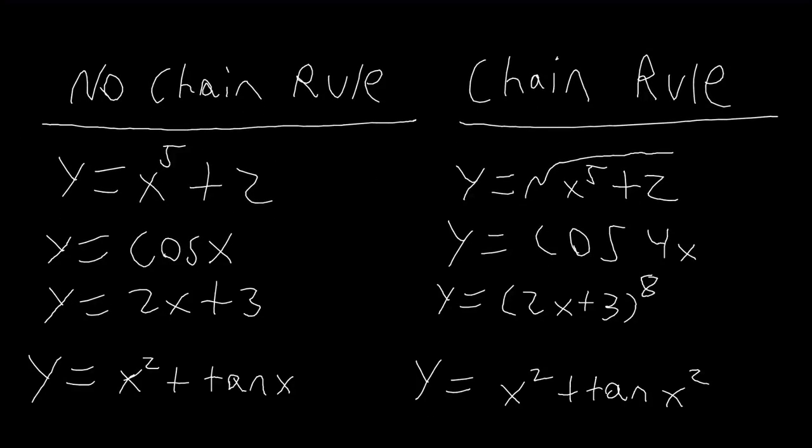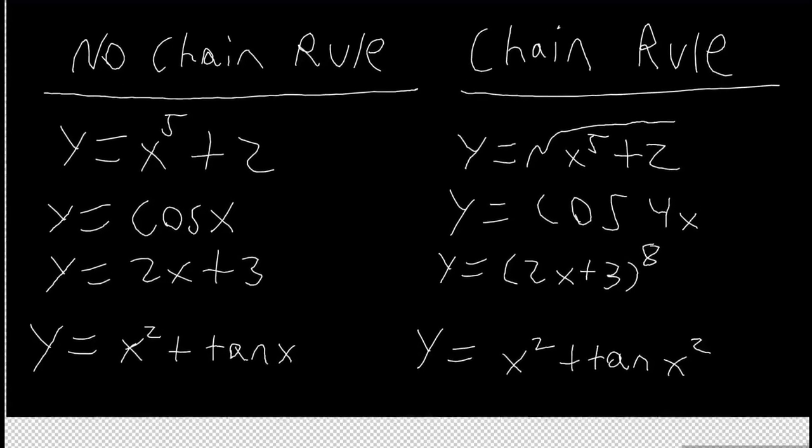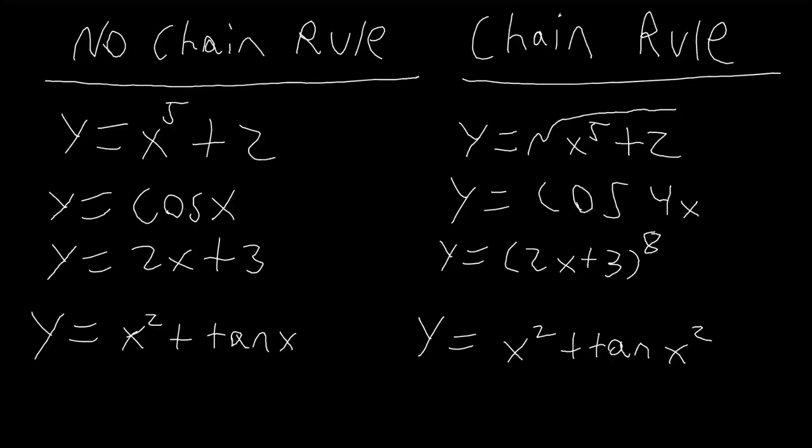The chain rule basically lets you find the derivative of composite functions, which are functions where you have a function inside of another outer function. Let's use this chart down here as an example for what type of functions you'd use the chain rule for and what type of functions you wouldn't use it for.